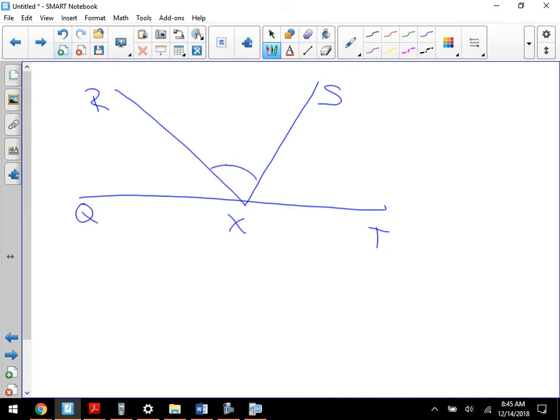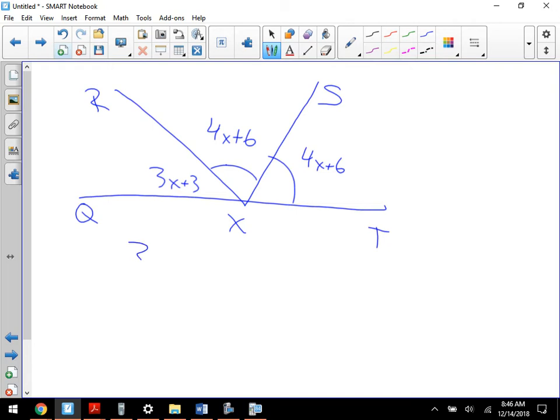So these two angles here are the same. QXR, 3x and 3. RXS, 4x and 6. Which means SXT has to be what? Same thing, 4x plus 6. What do all three of those have to add up to equal? All three of those create a line that adds up to 180.